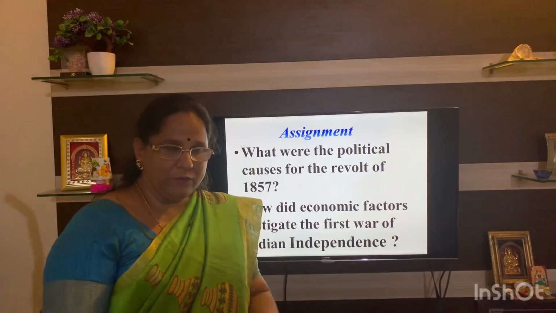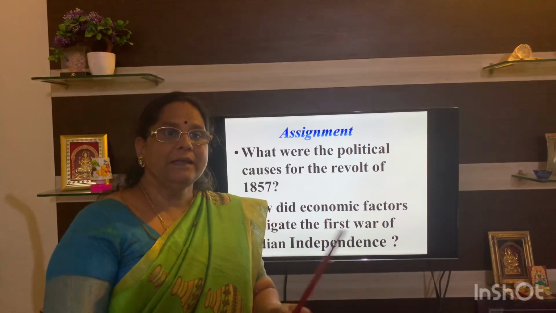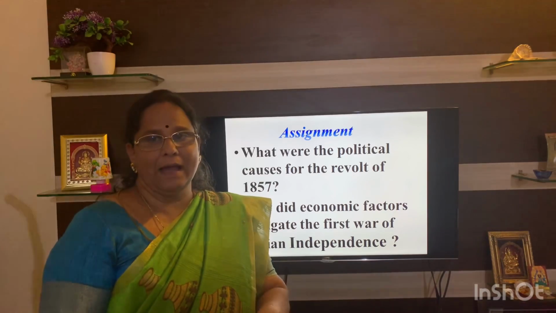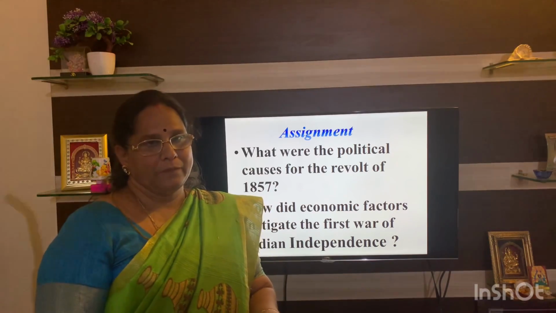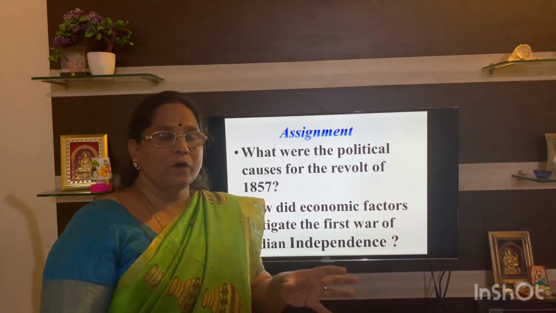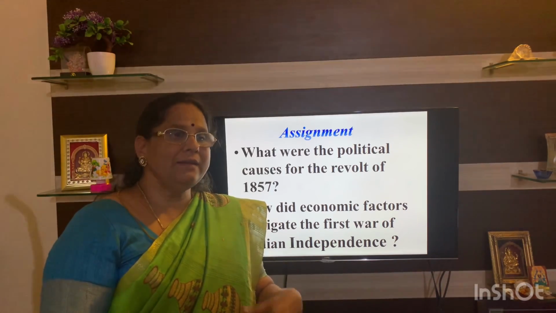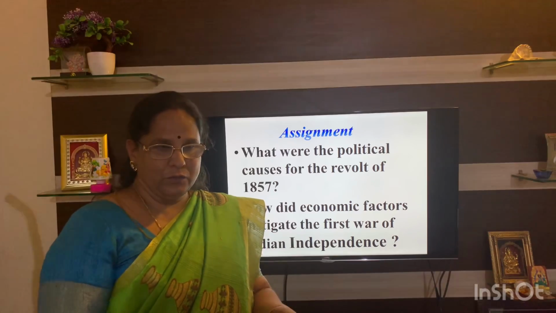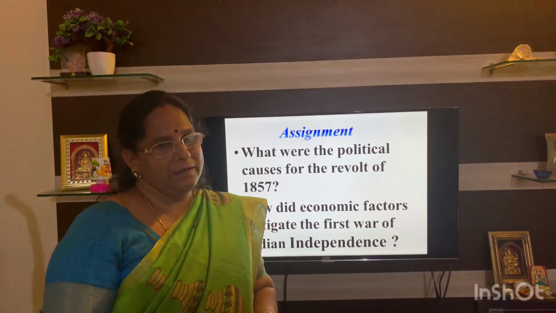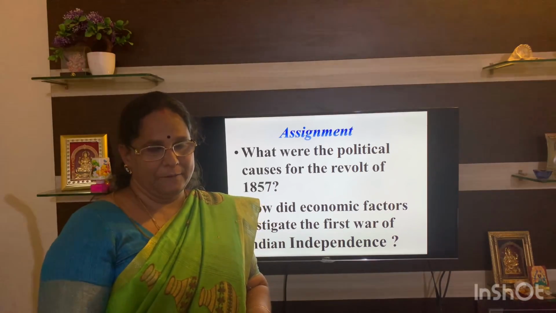And remember that the bullet used was smeared with fats of cow and pig. Is that clear? This affected the Hindus and Muslims, and it led to the First War of Indian Independence.